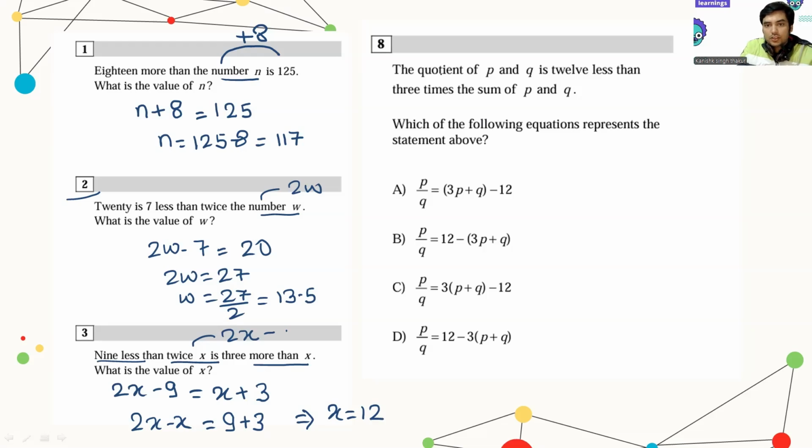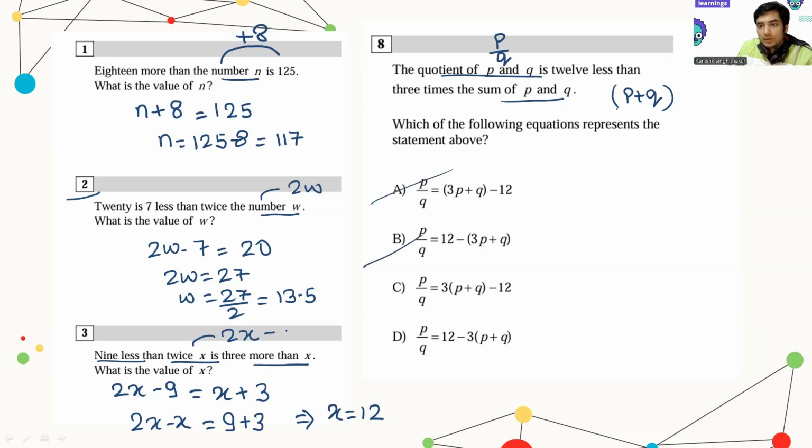Now, the quotient of P and Q. Remember, whenever there is subtract or quotient, the order matters there. So quotient of P and Q means P over Q, right? P is divided by Q. Is 12 less than 3 times the sum of p plus q, right? Sum of p plus q. So p plus q, I can say 3 times p plus q. This option gone, this option gone, because they are taking up p plus q.